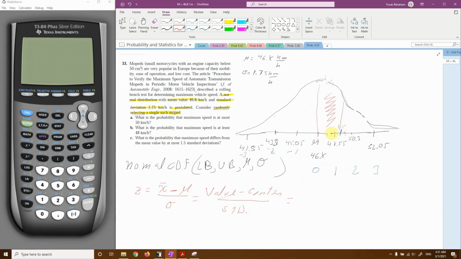So I'm going to go back to the calculator, turn this on, clear this, second distribution, normal distribution. My lower is going to be 0 because I'm using the z-score values, and the upper is going to be 1.5. Now, if I knew what 1.5 really means in their values, I would plug those in.